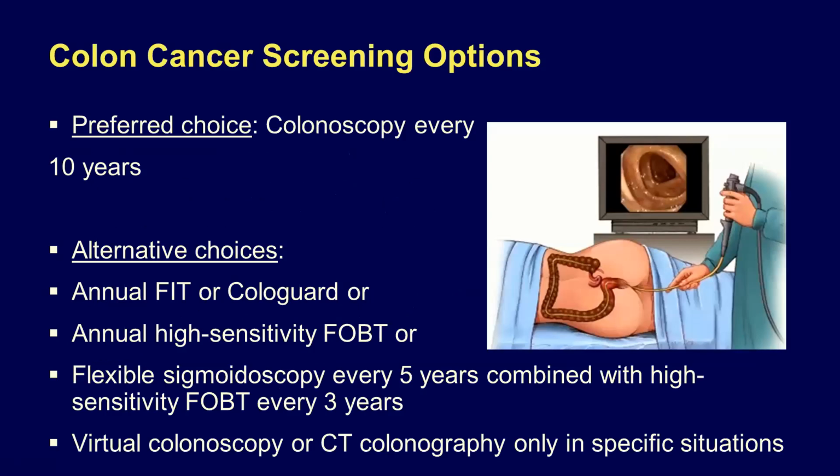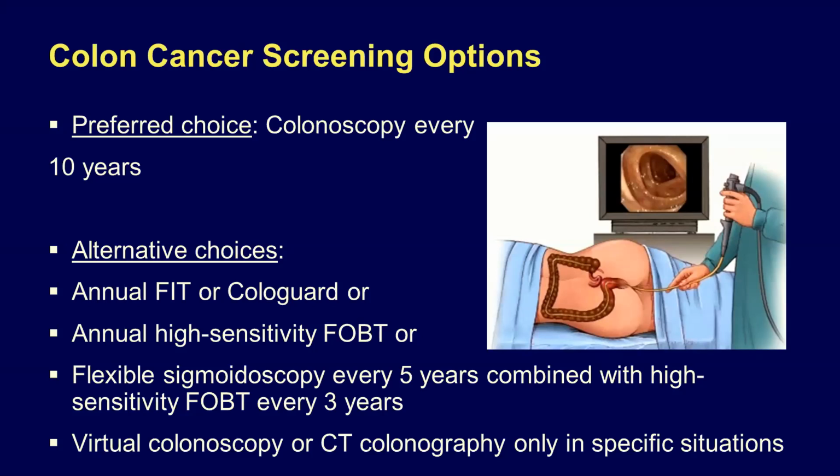So here I put that if we talk about screening modalities, the preferred choice is colonoscopy. Personally, it is my preferred choice, and I will explain later, but there are alternative choices to look for early colon cancer or precancerous lesions. Alternative choices for screening for colon cancer, not for polyps, are the Cologuard test that has been very popular in the last years, and the annual FIT, a fecal occult blood test.